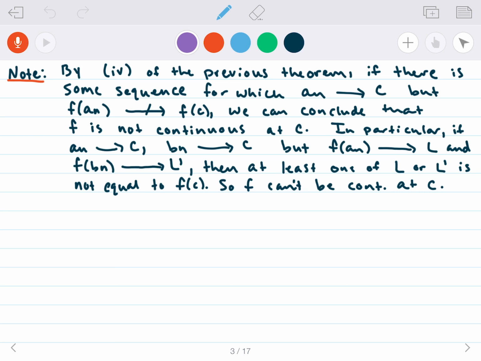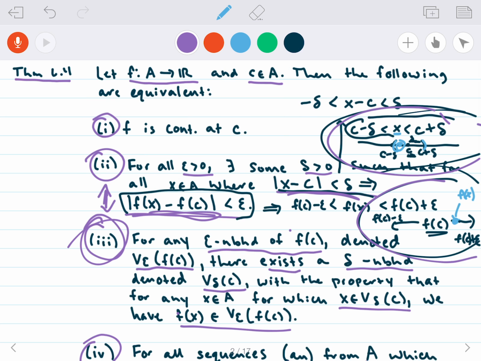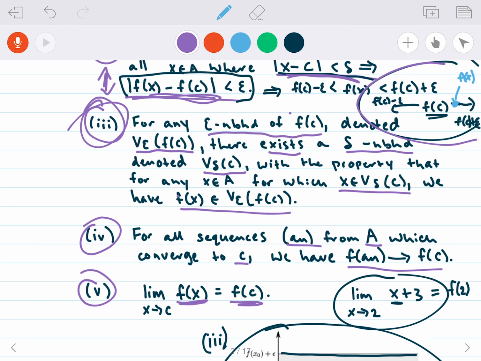And so we're going to do an example here. For 4, it says that the only way your function can be continuous at a point C is that every single sequence that converges to C, when you apply f to that sequence, has to converge to f of C. So the idea is we can show that a function is not continuous at C by finding 2 sequences which both converge to C, but f of one of those sequences converges to something different from f of the other sequence.